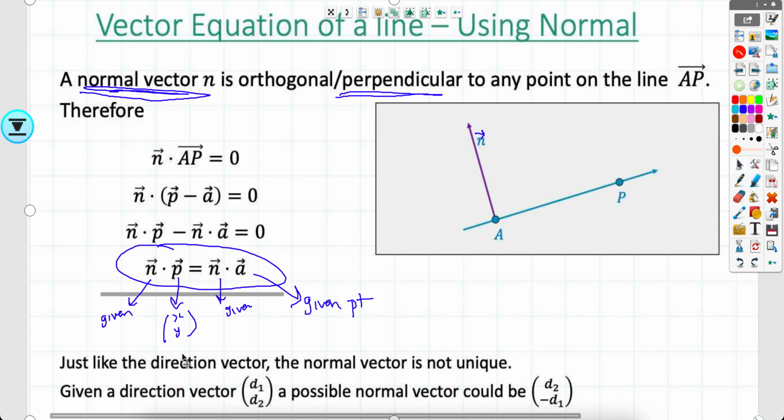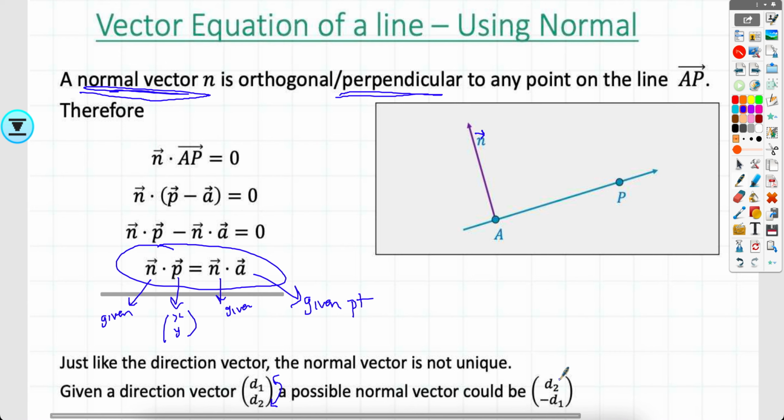Now, most of the time they'll give you the normal vector. In the case that they don't, and usually it's the case in 2D, if they are giving you the direction vector instead, and they want you to write it in the normal form, then a possible normal vector will be you first of all swapping these two around, so d2 and d1, and then d1 you negate it.